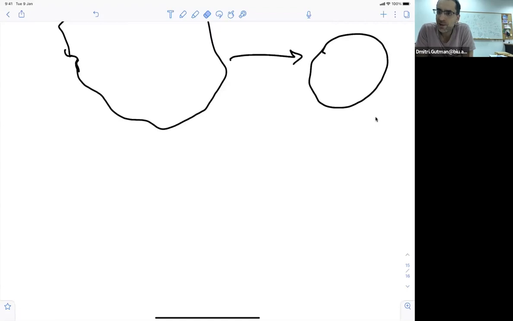The question is whether it's easy to construct such a transformation explicitly. That's a different question, and in some cases these transformations are extremely difficult to construct, but in some cases they are doable.